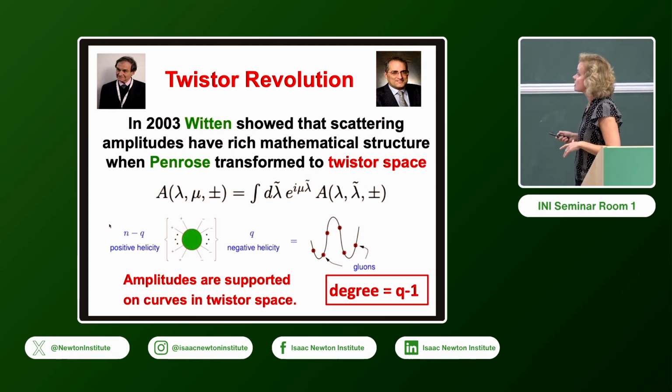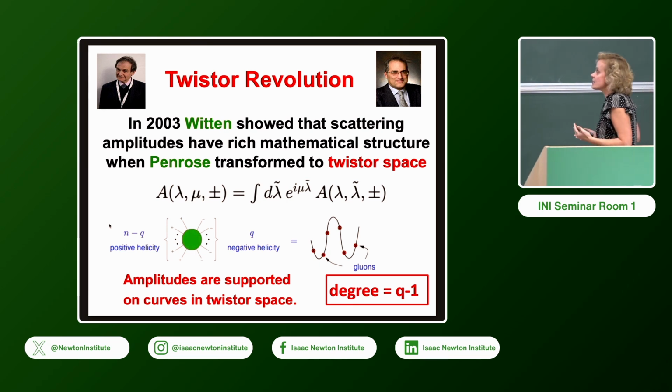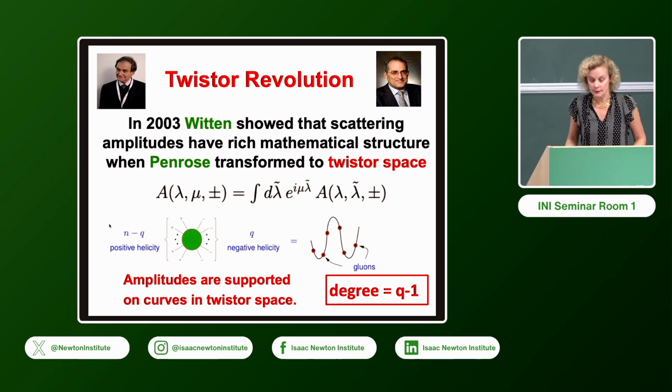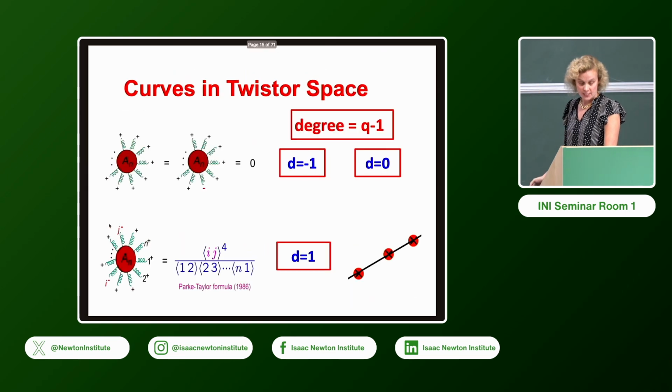If the number of negative helicity gluons is q, and there are n minus q positive helicity gluons, then in twistor space the amplitude is 0 unless there exists a curve of degree q minus 1 passing through the external points. This is the very important observation that the amplitudes are supported on curves in twistor space. So this is the start of this field.